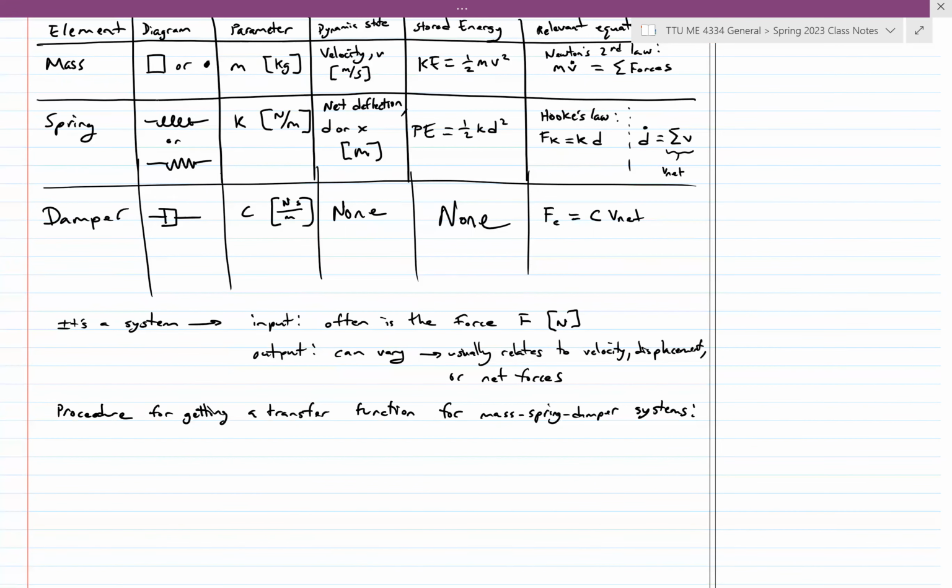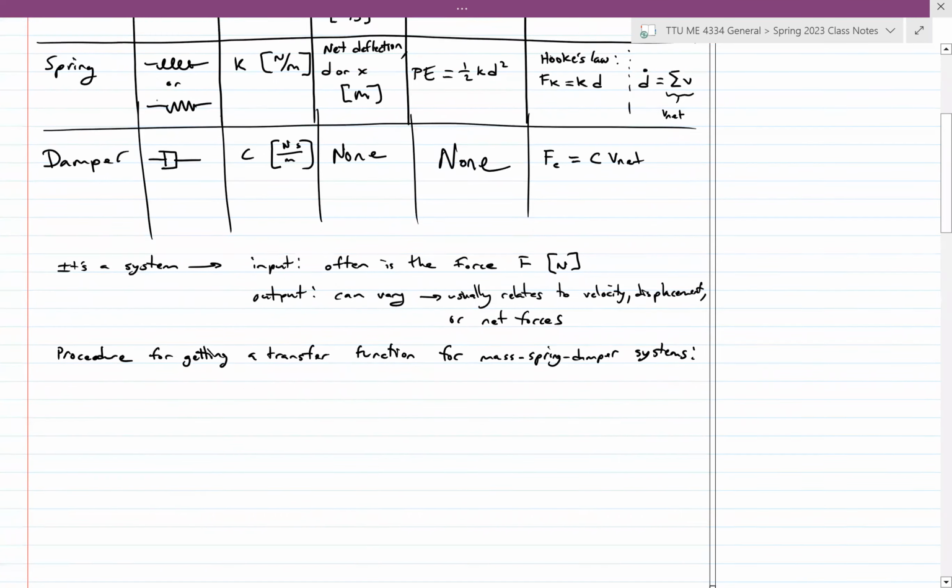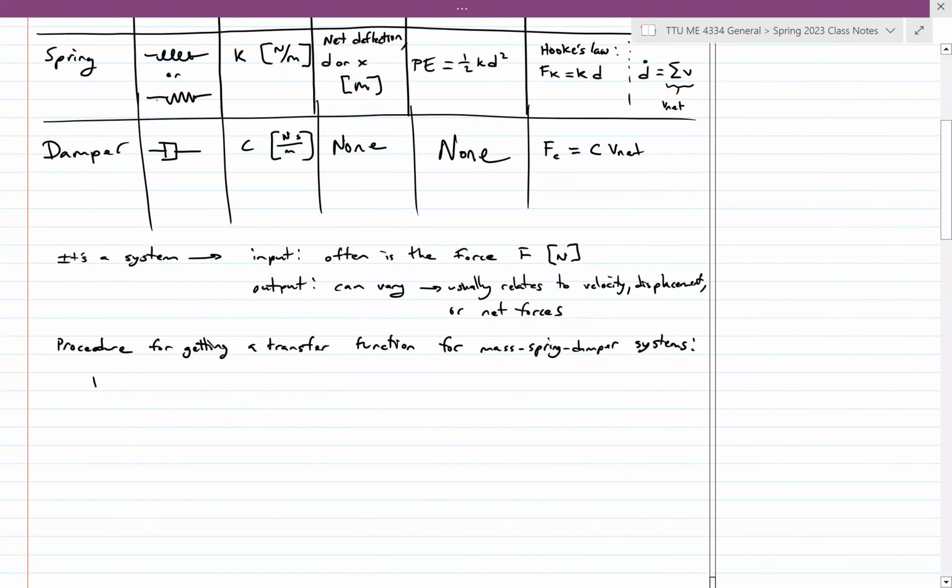This is just what I recommend, so you make sure you check off all the major boxes and don't make any dumb mistakes along the way. All right. The first thing that I would do is identify independent energy storage devices and the states.